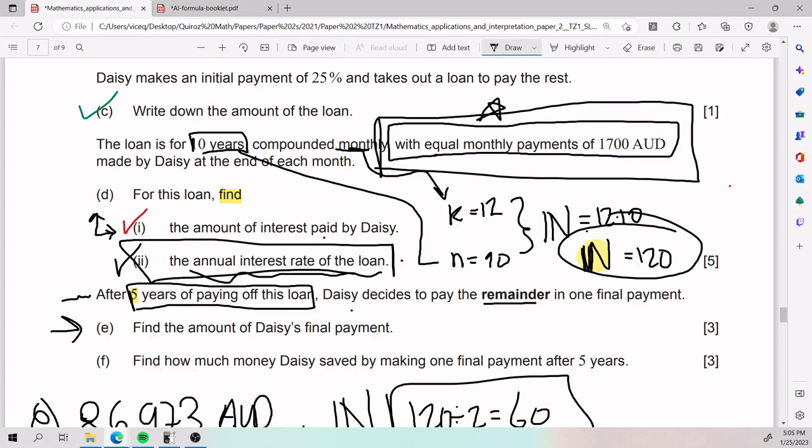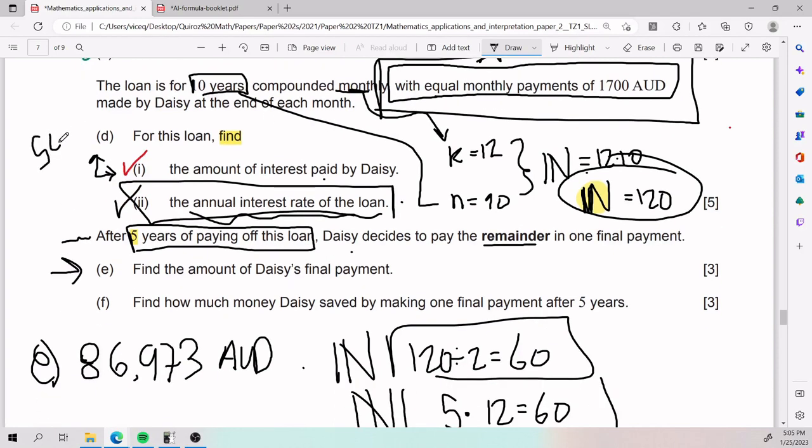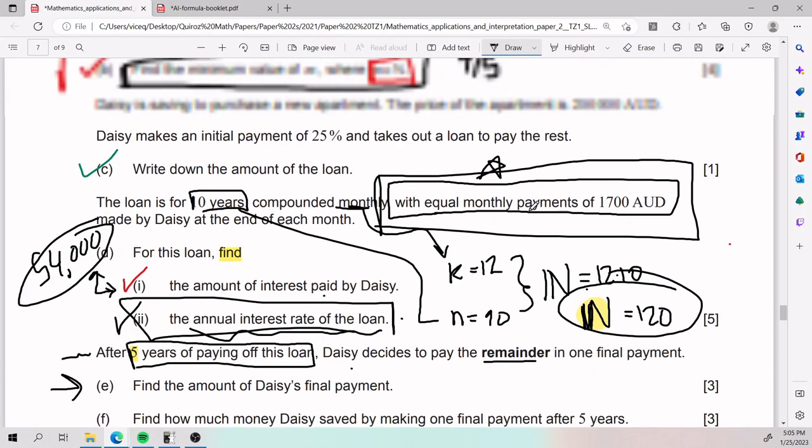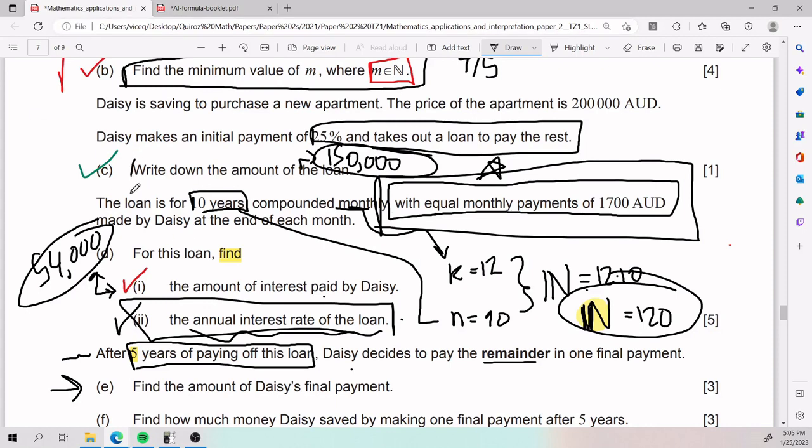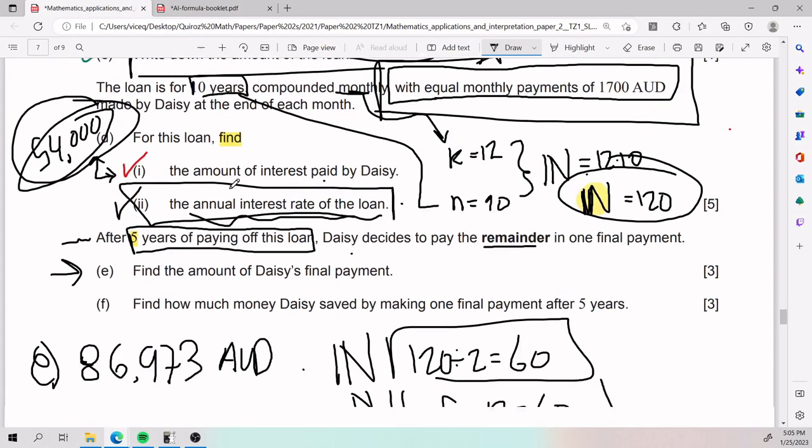Back then, we figured out the amount of interest paid by Daisy was 54,000. Stay with me for a second, it's all going to come together. The amount of the loan was 150,000. The interest she has to pay was 54,000.